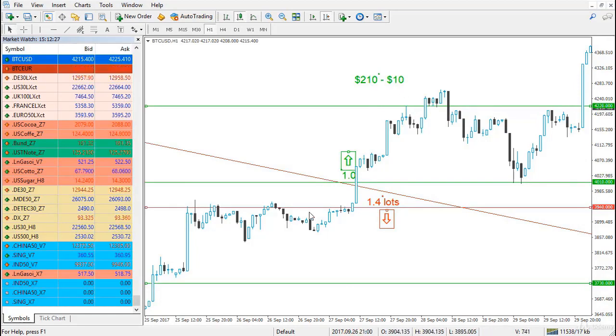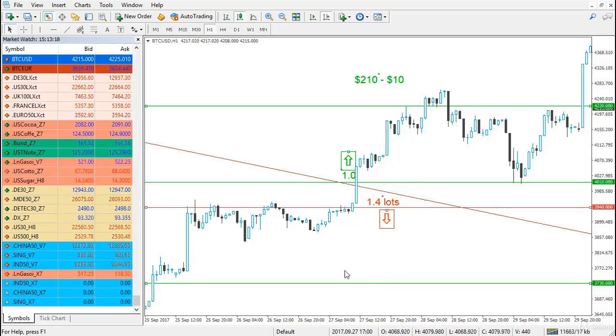$210 higher. And if the price reverses $70 lower, stay with me, guys, $70 lower, this is 1/3 of the distance of the take profit. Okay, take profit 210, and my sell is just $70 lower. Okay, I'm opening a position of 1.4 lots. So the next thing that can happen is actually the price hits this target. And guess what will happen then?